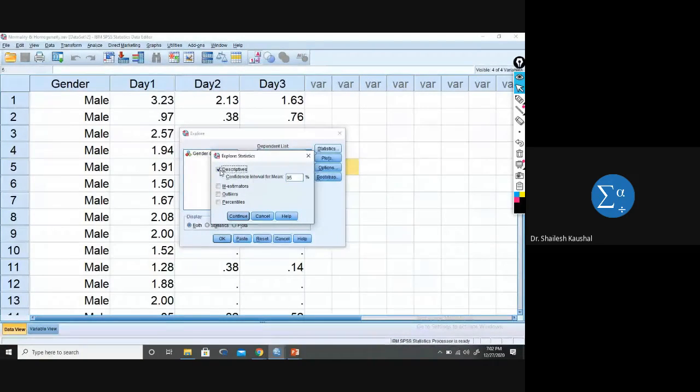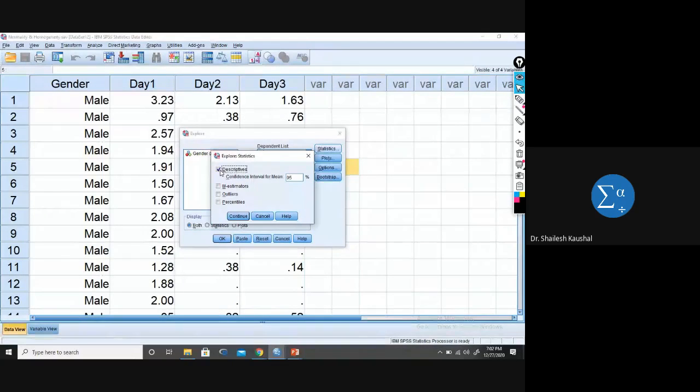And central tendency means mean, median, and mode. Yesterday I discussed descriptive statistics. When we perform the test for normality, by default we will get the values of descriptive statistics.